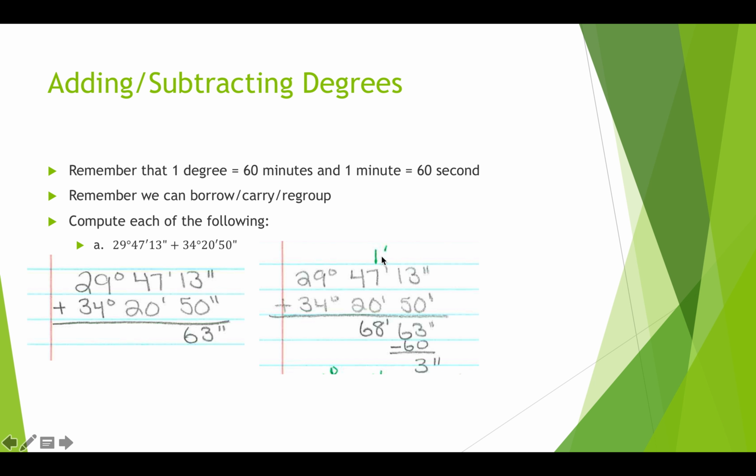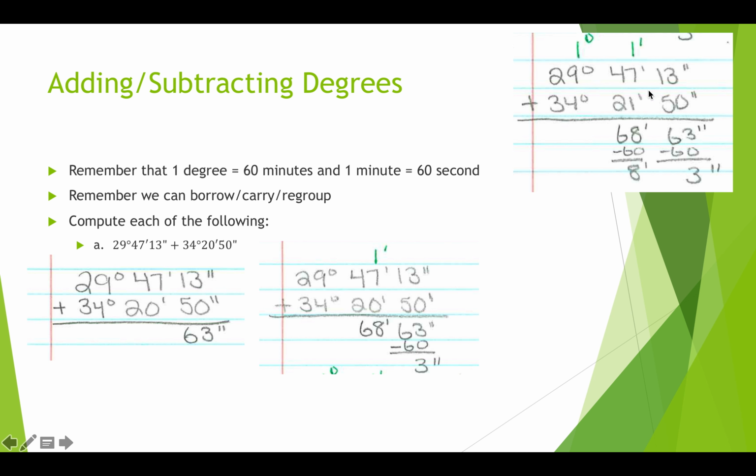Now I've got 1 minute plus 47 minutes plus 20 minutes. That gives me 68 minutes. Again, 68 minutes, we don't want to say that. If we were in real life, we would say that was 1 hour and 8 minutes. Since we're in degrees, I'm going to say that that's 1 degree and 8 minutes. So again, I'm doing that carrying or regrouping.